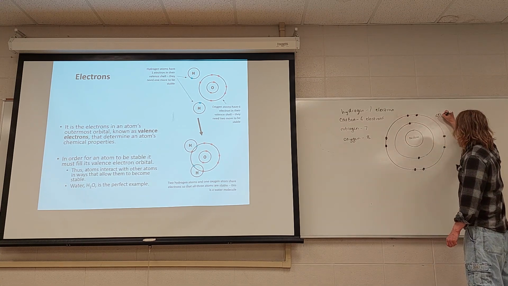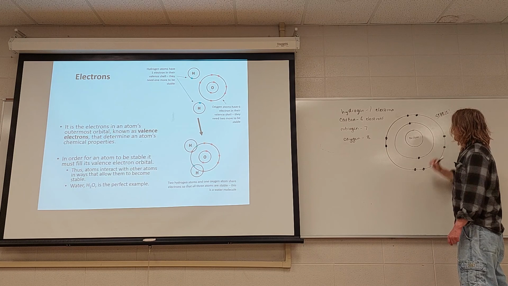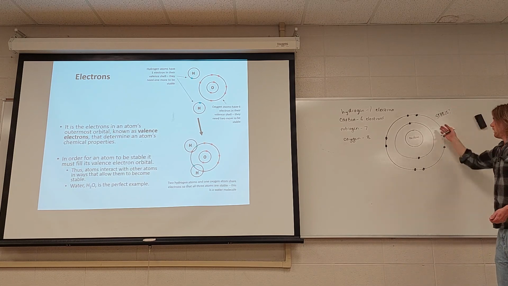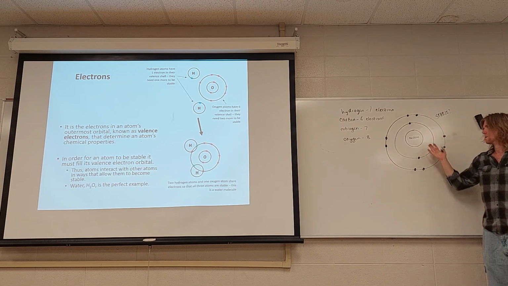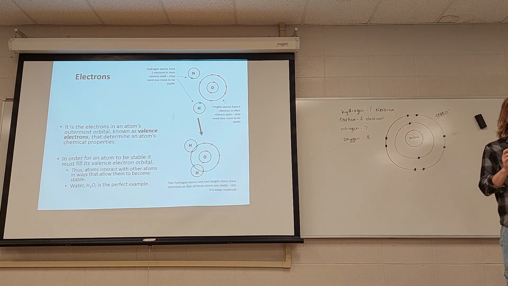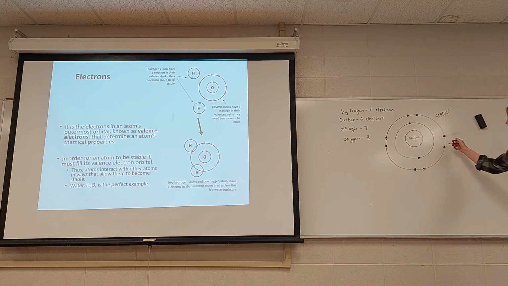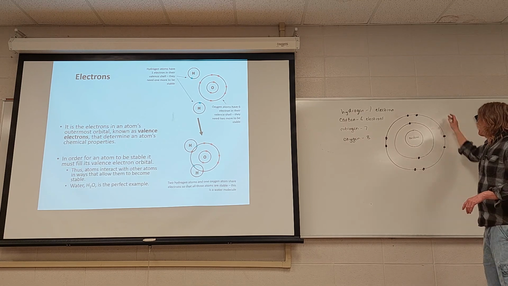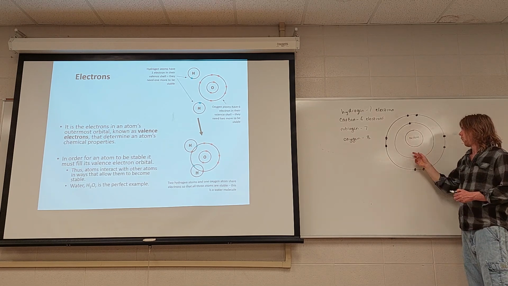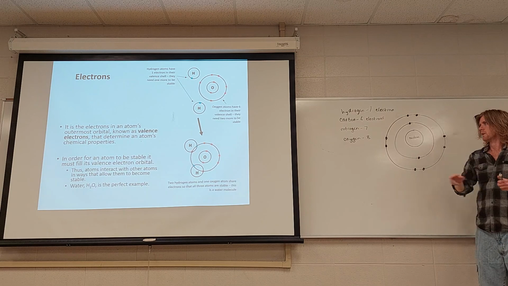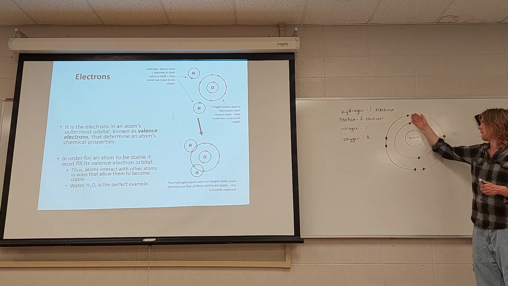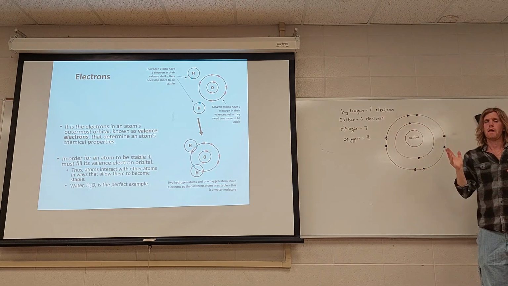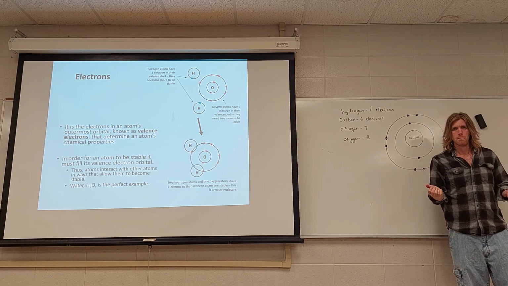So, what I've just drawn right now, stable. If you look at the periodic table, this is an atom of neon, an atomic number of 10. Stable. So, getting these orbitals stable, either with 2 or with 8, that's what atoms want to do.